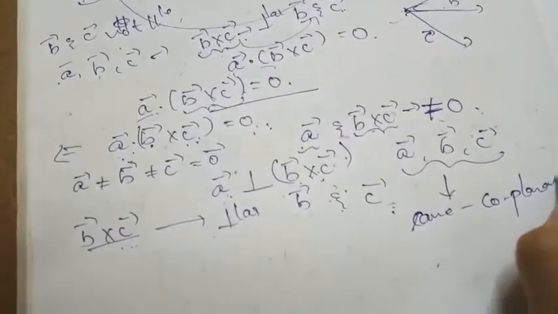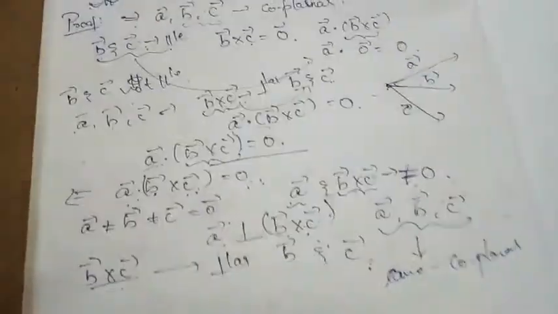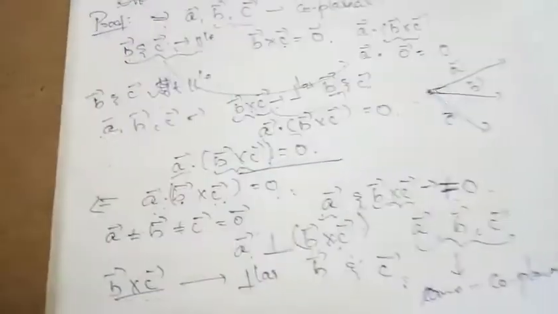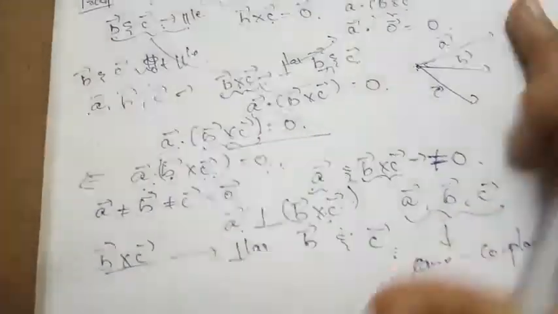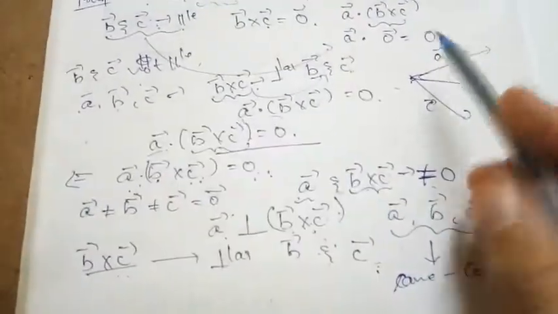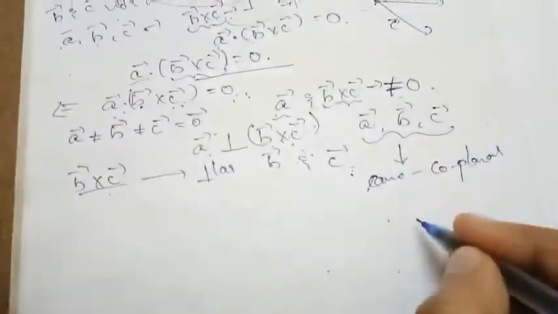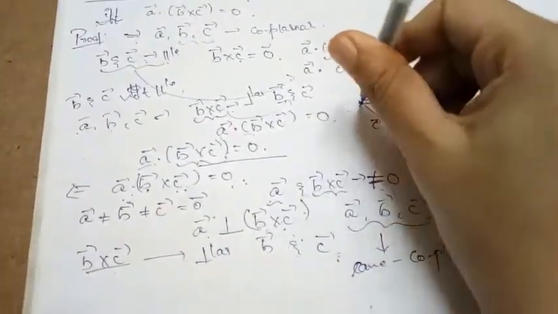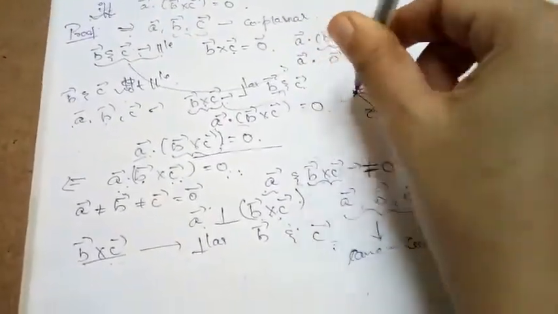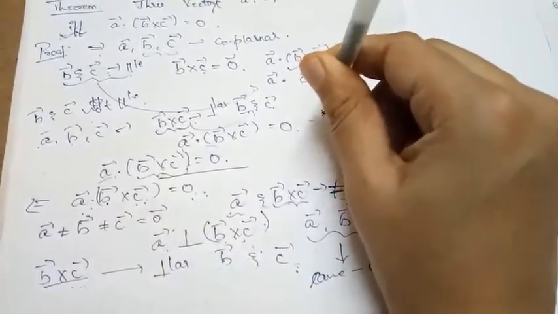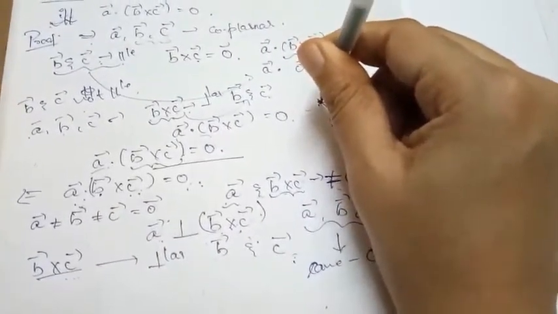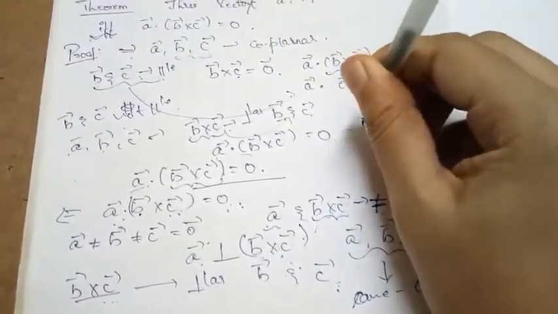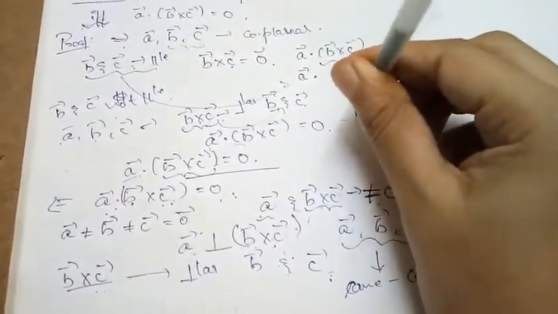You can observe this with this diagram. Think of it in the three-dimensional way also. Imagination is the most important thing when we are doing these types of concepts. So the first thing it is saying: if vector B cross C is in this direction, then vector A is perpendicular to this pen, that is, the direction of this pen represents vector B cross C. So vector A is perpendicular to this direction, that is B cross C direction.